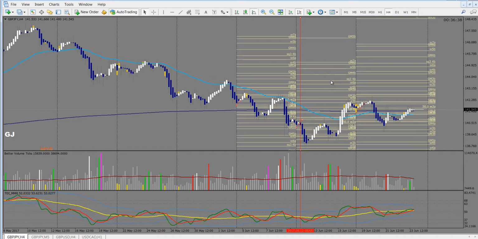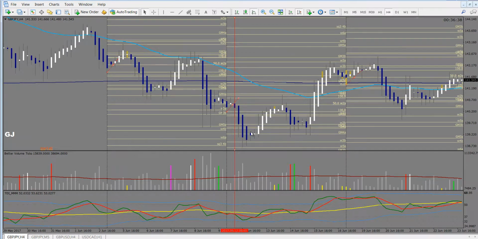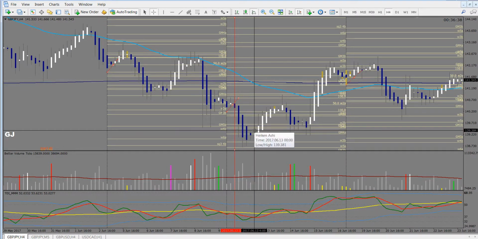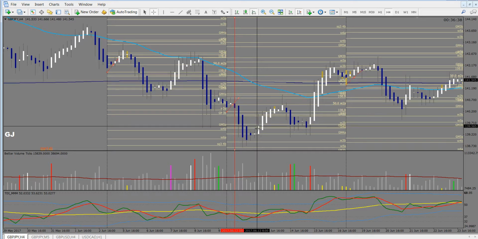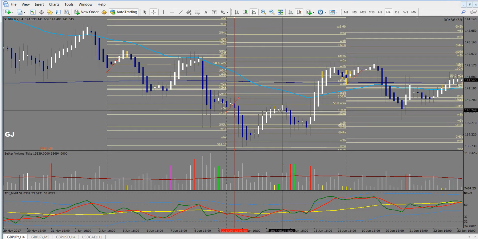Let's go back to 4 hour. Then we had an accumulation phase and no real manipulation. It just kind of immediately went up.